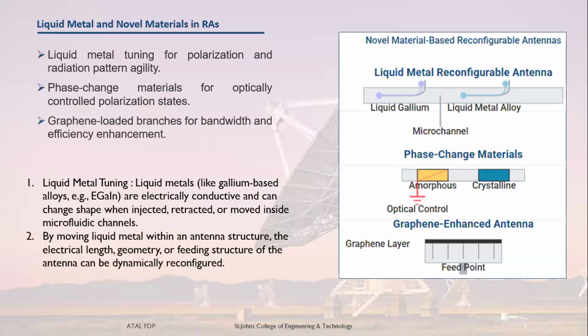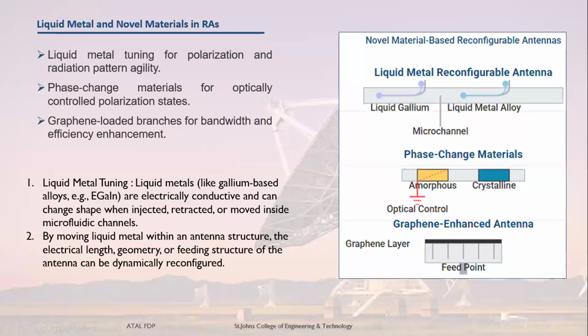The frequency of operation can be changed, the pattern can be changed, or the polarization can be changed, depending upon the type of the material. Phase change materials are there, or the frequency variable metals are there. With liquid metals, we inject liquid metal; tuning for polarization and radiation pattern agility is possible. Phase change materials are also there.